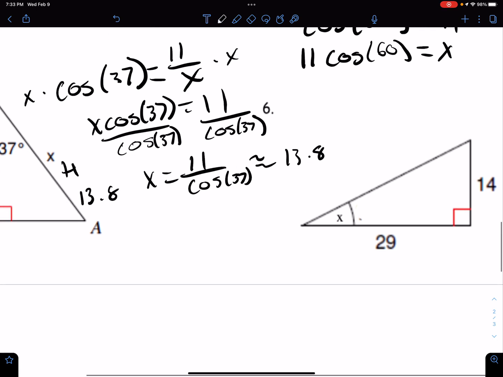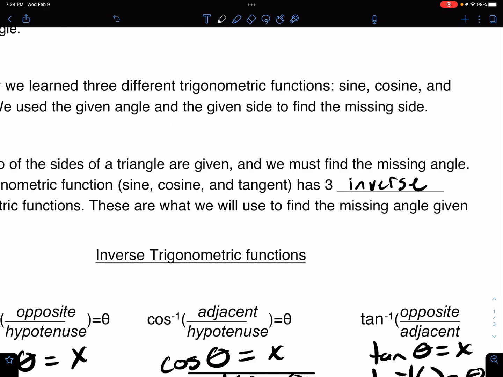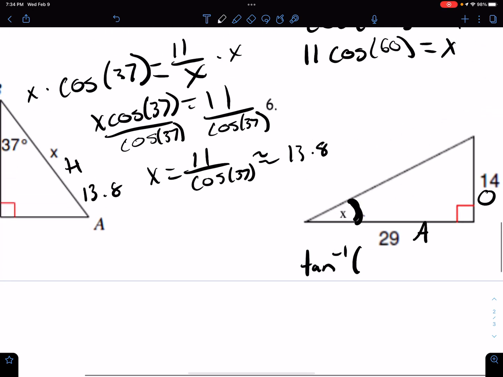Okay, then for the last one. So I'm trying to find x. So I say I have my opposite side and my adjacent side. So this tells me I'm going to be using the inverse of tangent, SOHCAHTOA. Okay? So I'll say the inverse tangent of 14 over 29.